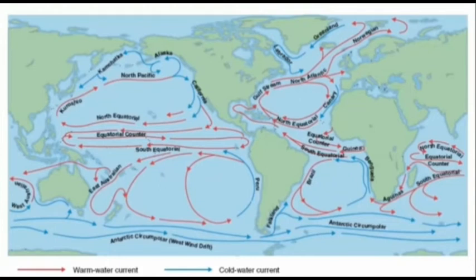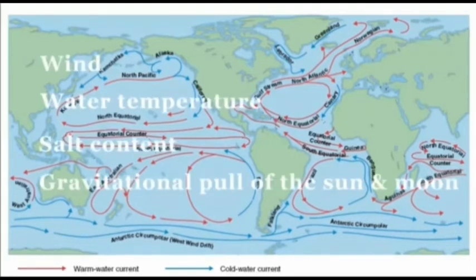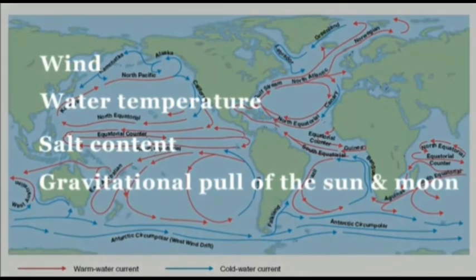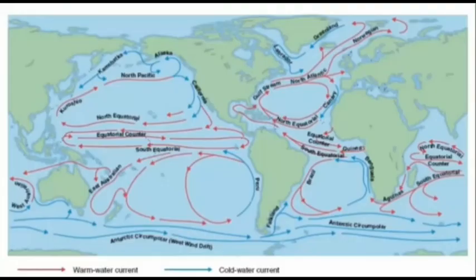The fifth factor is ocean currents. It is continuous flow of ocean water from one place to another. Ocean currents are created by wind, water temperature, salt content, gravitational pull of the sun and the moon. Generally, there is cold current and warm current.